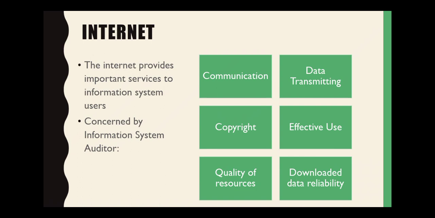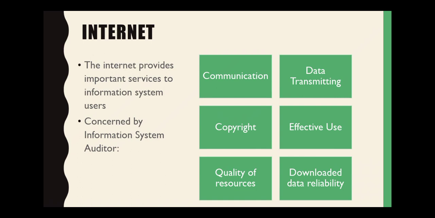The quality of resources that an organization makes available via the internet needs to be controlled carefully, if an organization makes wrongful information or an erroneous program available via the internet. And then the last is downloaded data reliability.